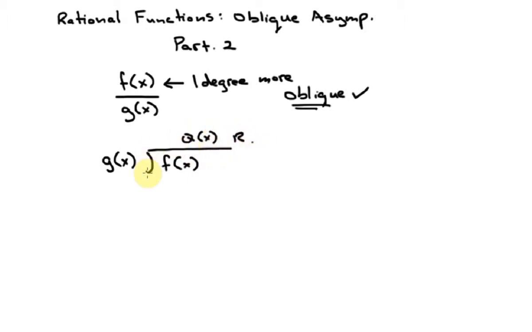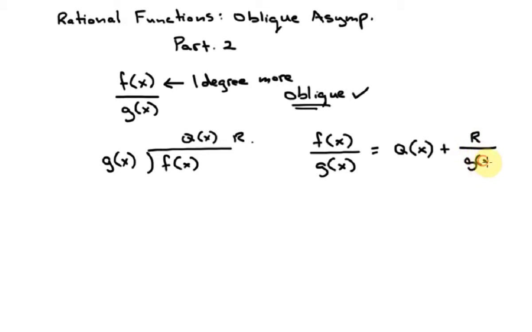Ultimately, we're creating a new version of this rational function. Instead of thinking of it as f of x divided by g of x, we come up with this new form, which is the quotient plus a funny little fraction, where we put the remainder on top and g of x, our divisor, on the bottom.